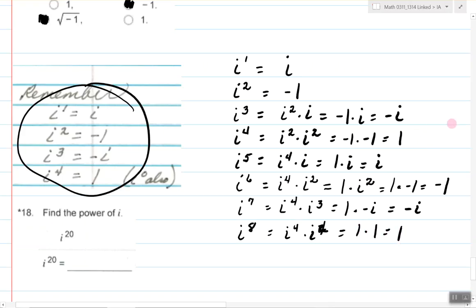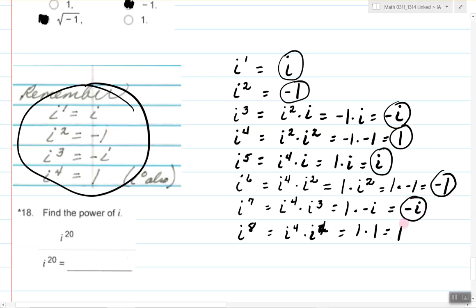I want you to look, and I could continue with this for a long time. i, -1, -i, 1. i, -1, -i, 1. This is the pattern for all powers of i. And I do have it written over here.